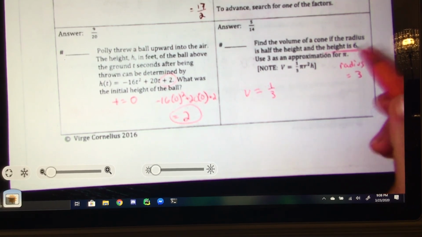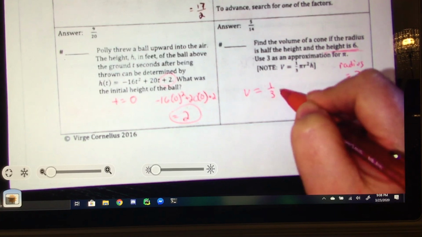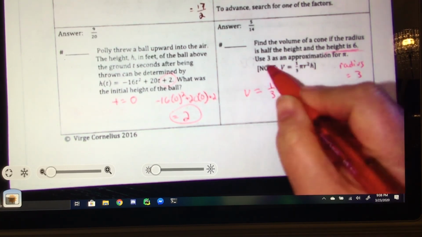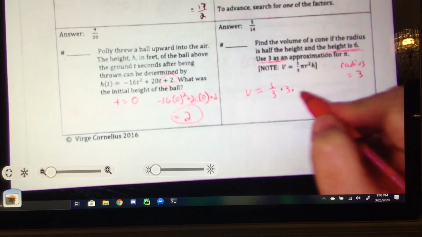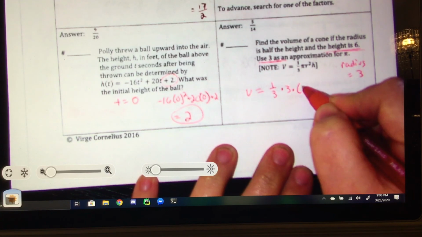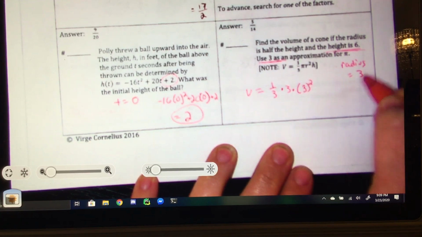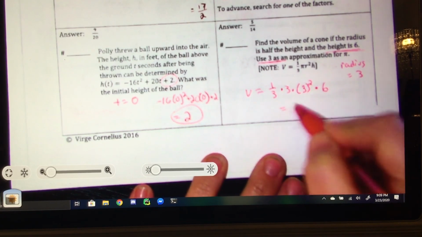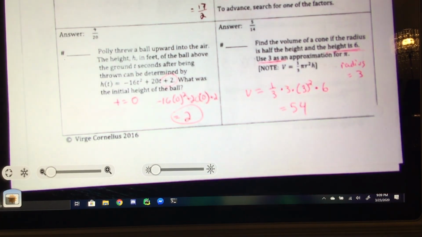I'm going to round it to just 3 times, and they tell us to use 3 as approximation, times r squared, which is 3 squared, times the height, which is 6, and you should get 54. So there's that one.